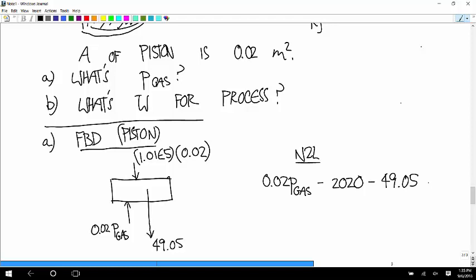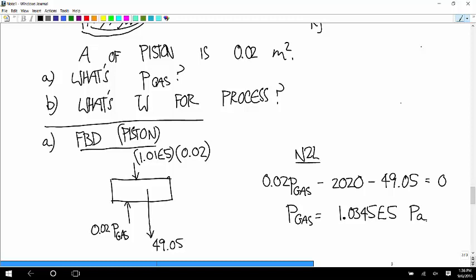It's in equilibrium, so there's no acceleration. Now you can solve for the gas pressure. And you get 1.0345 times 10 to the fifth pascals.